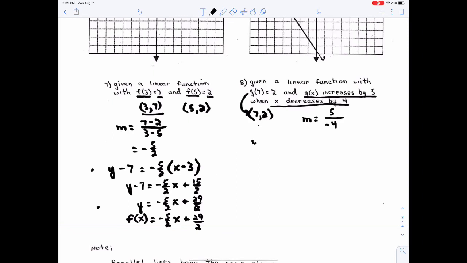So let's write y minus 2 equals -5/4, x minus 7. And again, for this year, I would accept that. But we're talking function notation here, so technically we should write it in function form. So I'm going to distribute the -5/4.